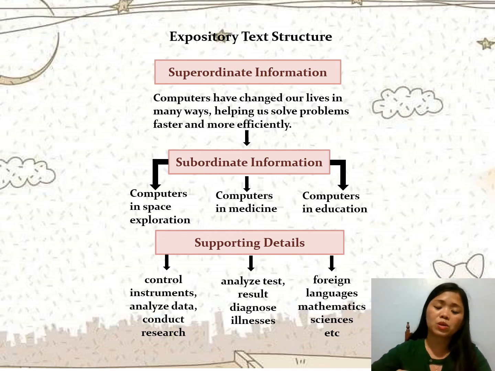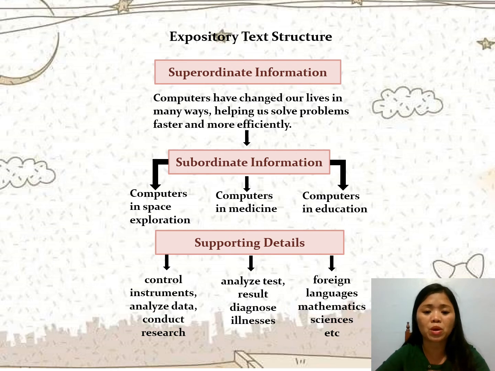Okay, so the first component of this expository text structure is the superordinate information, wherein it says that computers have changed our lives in many ways, helping us solve problems faster and more efficiently. The subordinate information is computers in space exploration, computers in medicine, and computers in education.